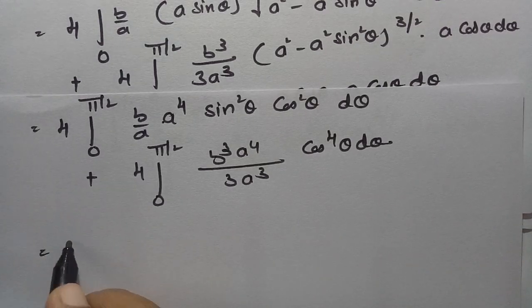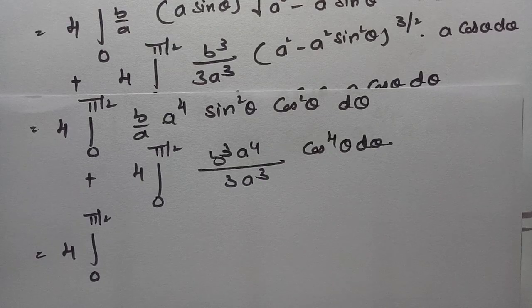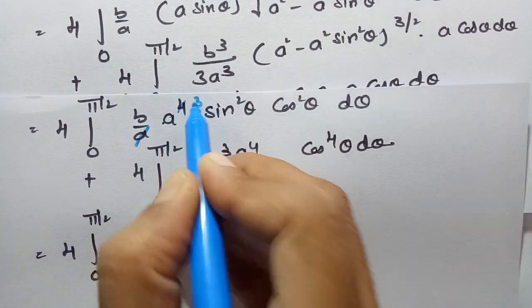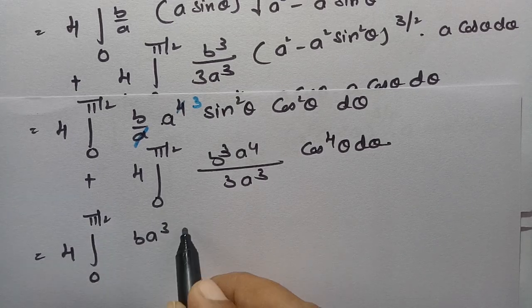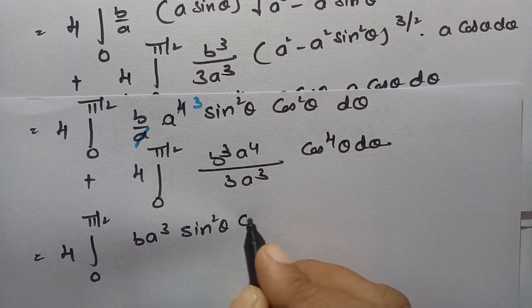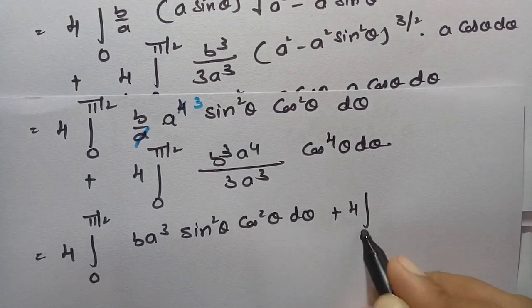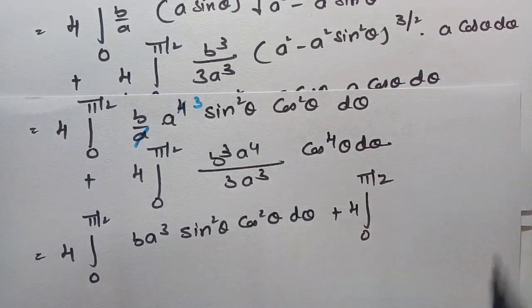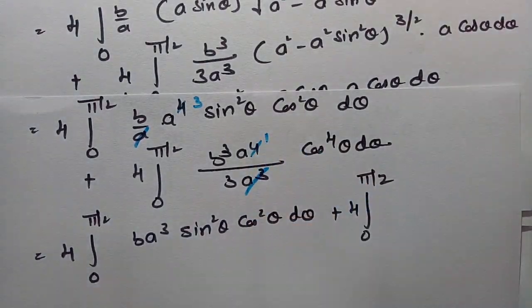Now if you see, that is 4 times the integral from 0 to pi by 2. If I cancel this one time, this will be cube. So this will be b a cube, sin square theta into cos square theta into d theta, plus 4 times the integral from 0 to pi by 2, and if I cancel this 3 times, 1 remains here.